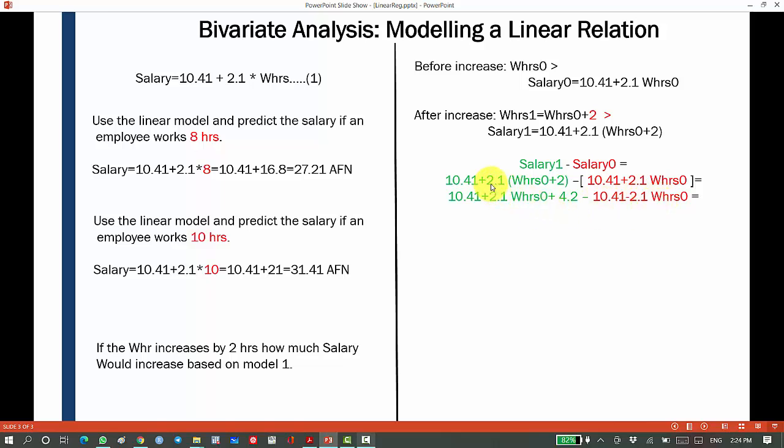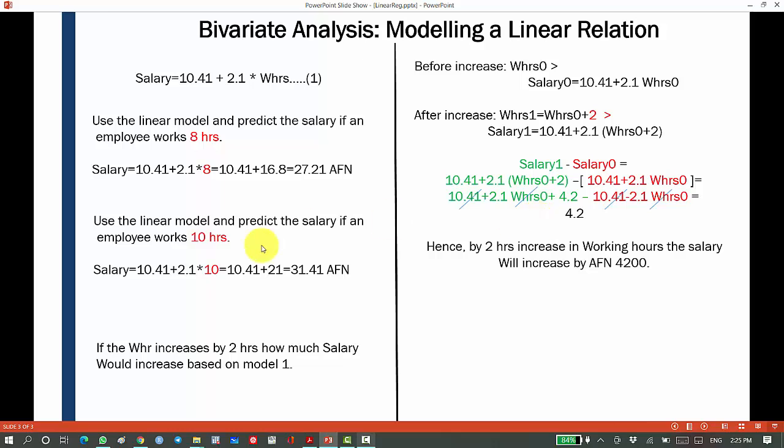At the same time, we multiply the 2.1 inside, we get 2.1 working hours 0 plus 2.1 times 2, which is 4.2. Now we see that the 10.41 and the minus 10.41 cancel out one another, and 2.1 working hours 0 and minus 2.1 working hours 0 cancel out one another. As a result, what is left is 4.2. That is the difference between salary 1 and salary 0. What we can say is, by a 2 hours increase in working hours, the salary would increase by about 4,200.